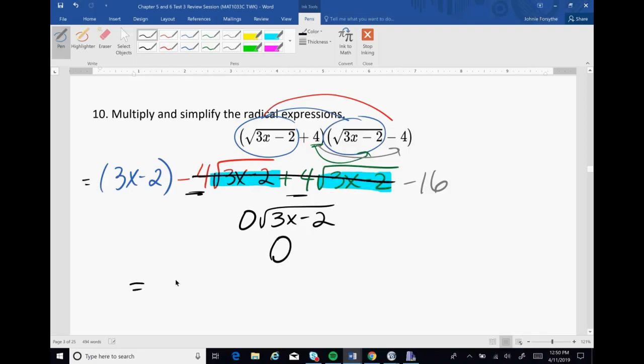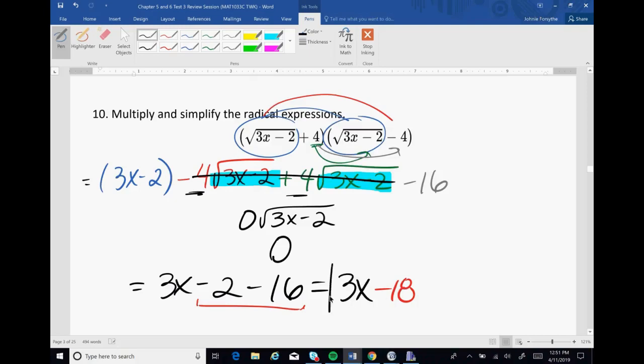What I have left is 3x minus 2 minus 16. And I have like terms with negative 2 minus 16, which gives me negative 18. So my final answer is just 3x minus 18.